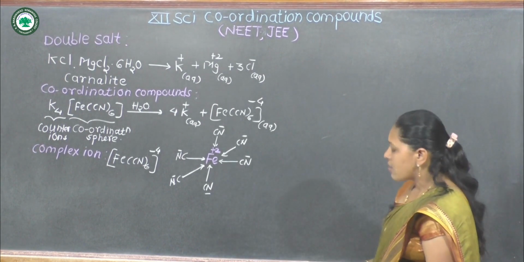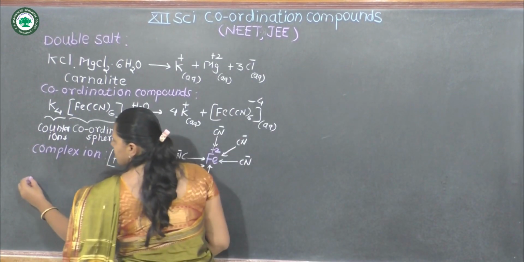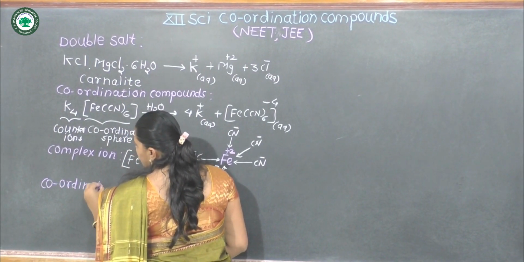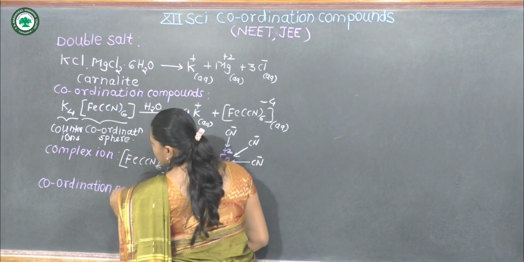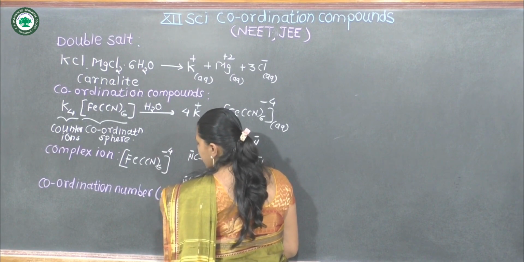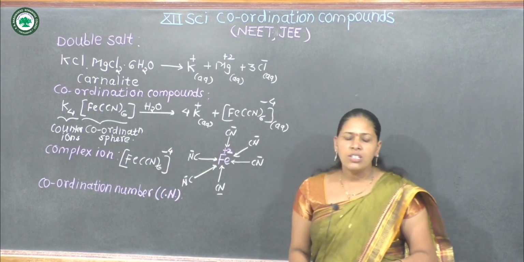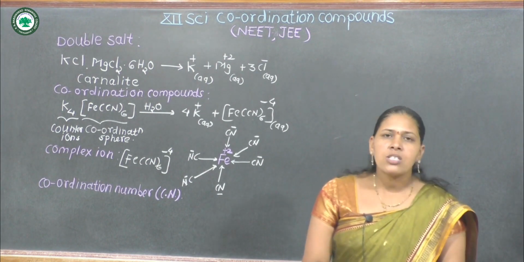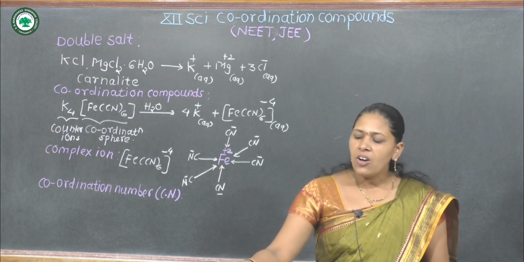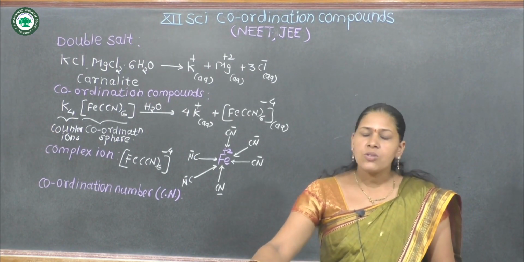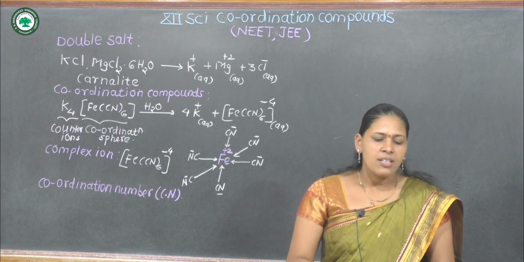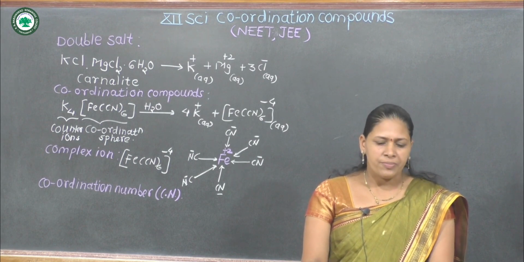Then next is the coordination number, in short also called CN. On this point also, a number of questions are asked in JEE or NEET examinations, such as what is the coordination number of the central metal ion? What is meant by coordination number?